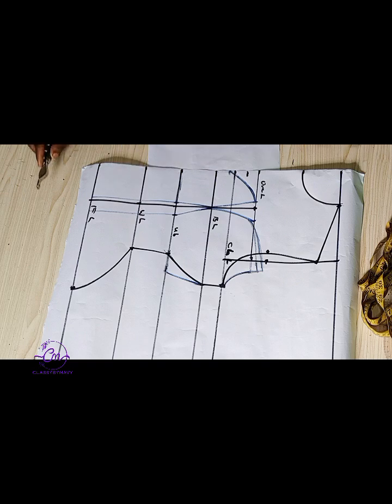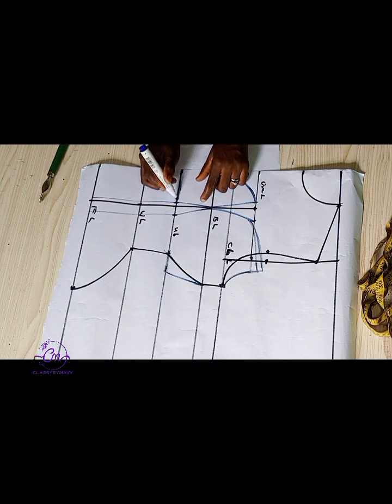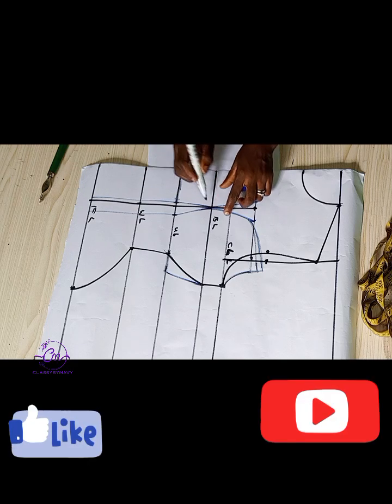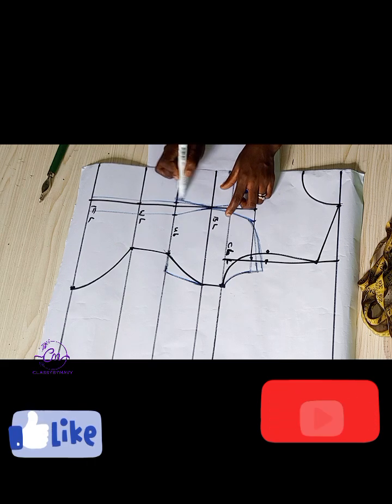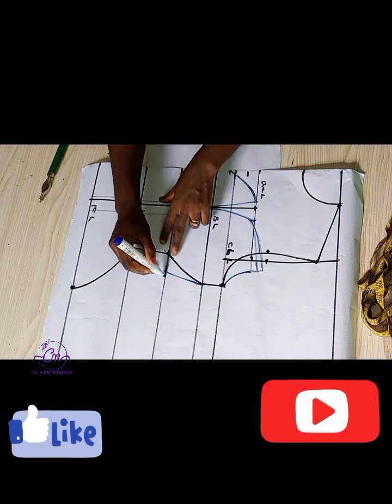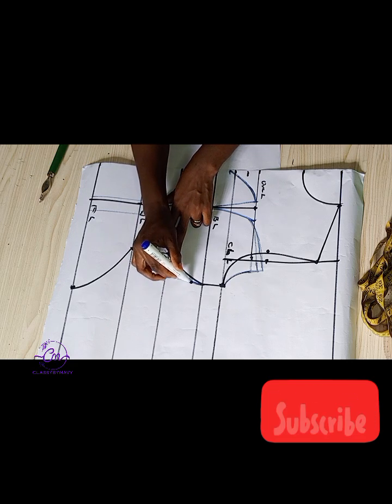So for this part, I'm thinking we should do more than 1/4. We should just do half, to give a better fit. Let's work with half. So we add the half back here. So this is it.